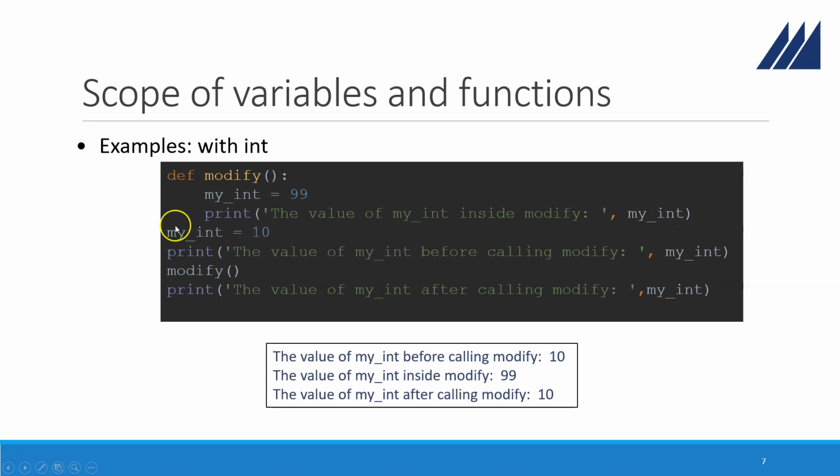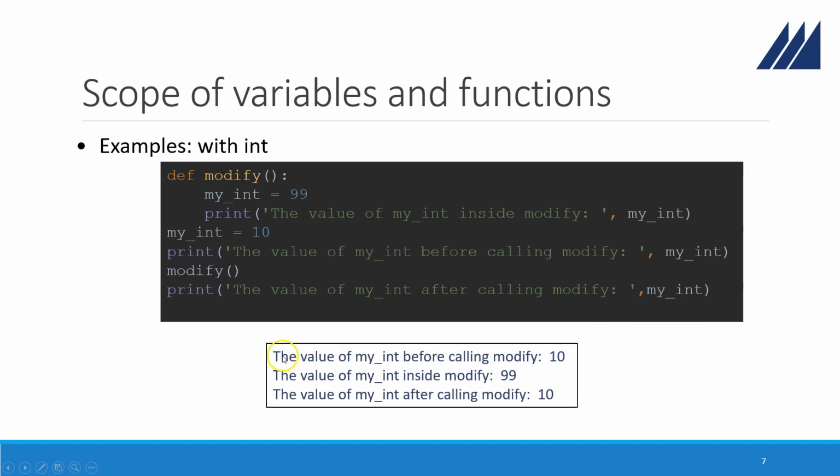And then outside, here is outside the function, in the global scope or the main program if you want to think about it, my int equal to 10, and then I print it before I call the function, and then I call the function, and then I print it after I call the function.